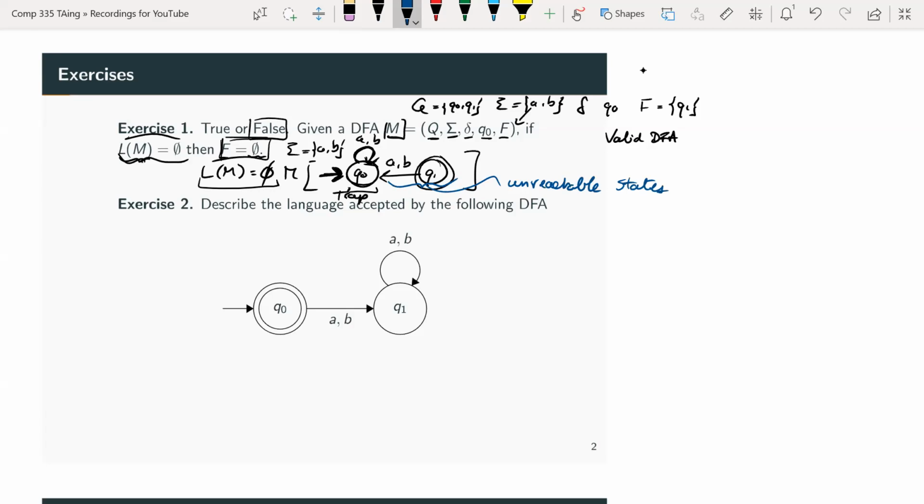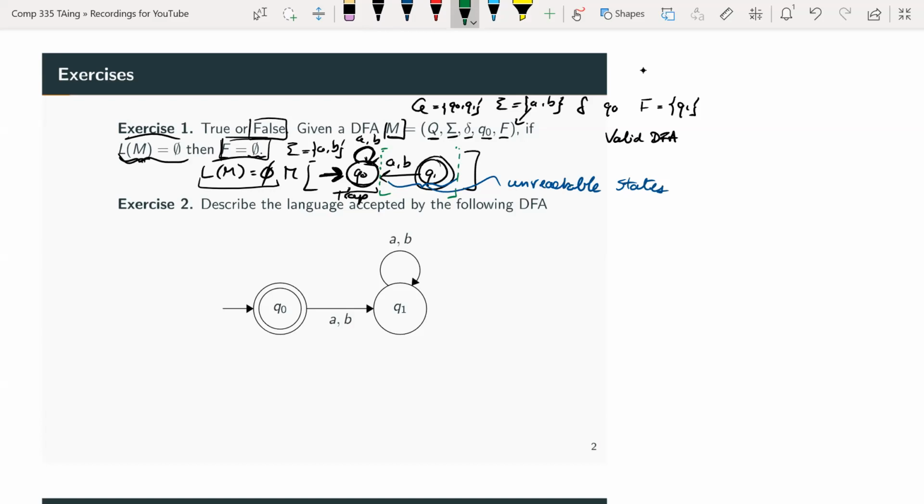In other words, if we took this transition and this state here and removed it from the DFA, we would get essentially the same DFA as before, meaning that the new cut out DFA without the unreachable state would accept the same language.